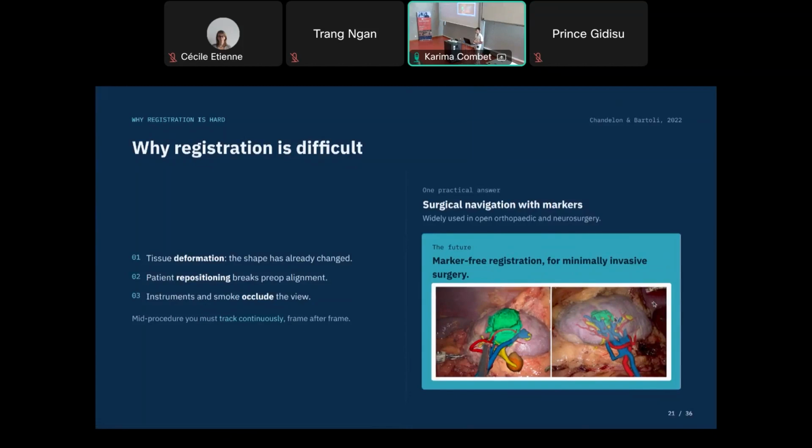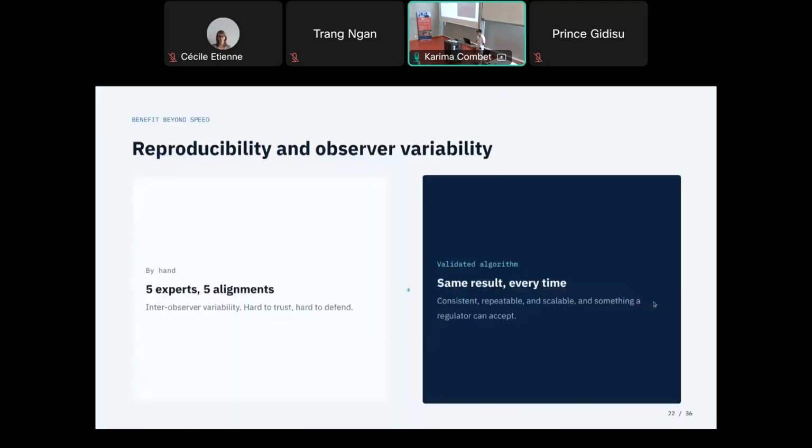But for now, I think in the literature there is no answer to the question, but it's a very interesting and active topic. And the other problem is occlusion and so on. It's a very difficult problem.